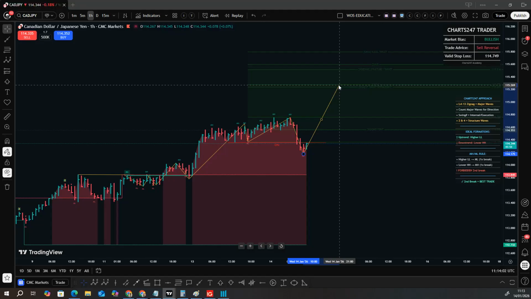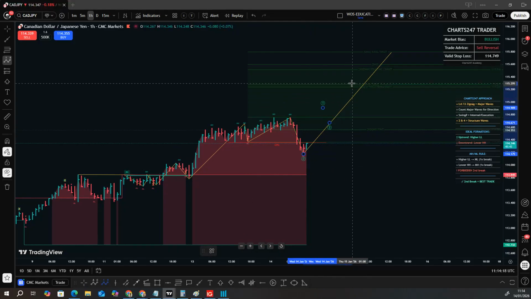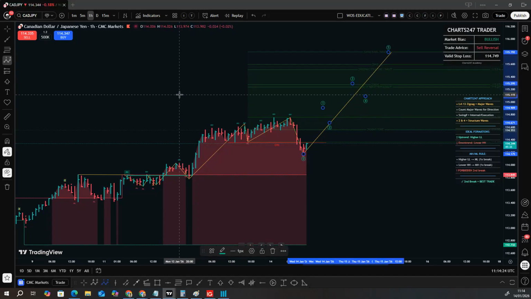In most cases, they will break the waves into 3 waves or 4 waves. So let's just put that there like that. So our expectation is to see something like this, and that will give you a completion of the wave structure.